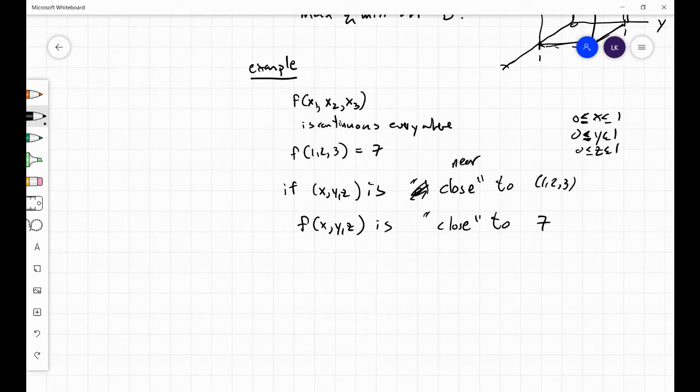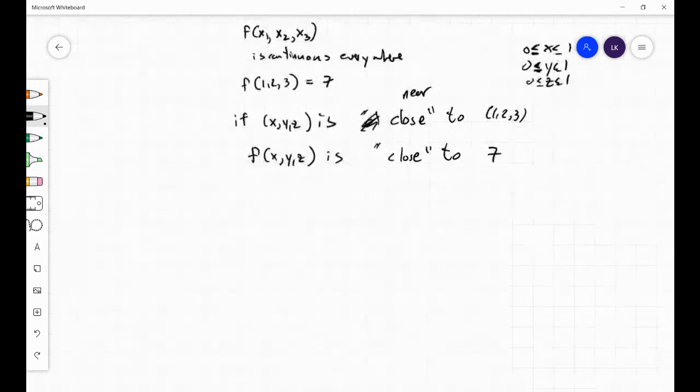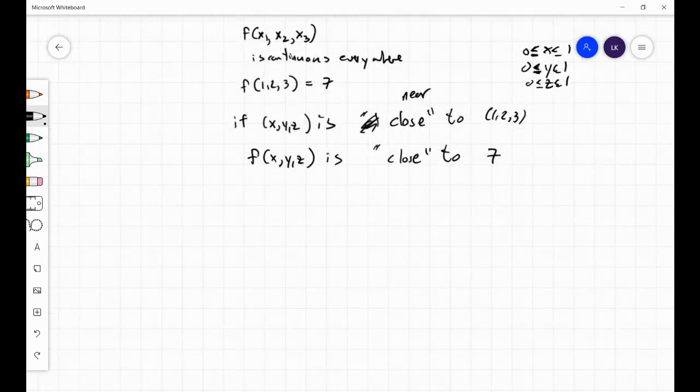So what does it mean for a point to be close to (1, 2, 3)? The distance between these two points is just the generalization of the Pythagorean theorem. You take the difference of the two points and find the magnitude of that.